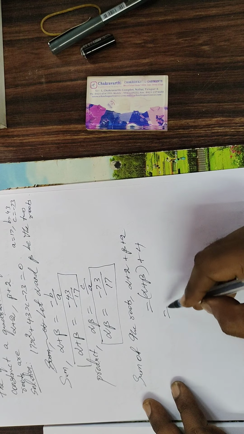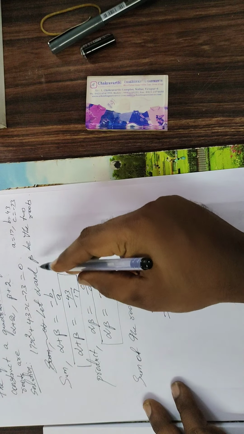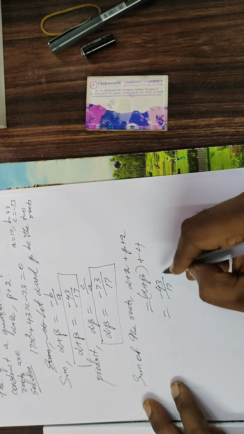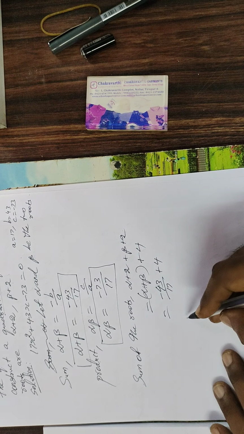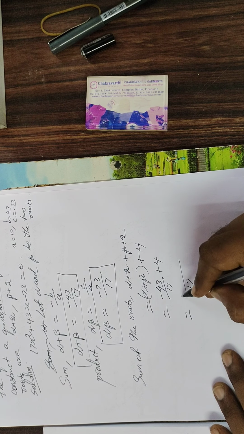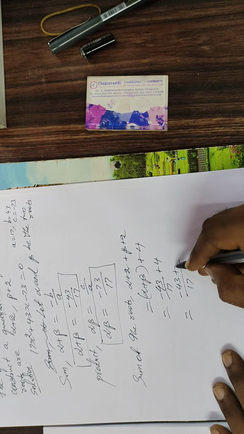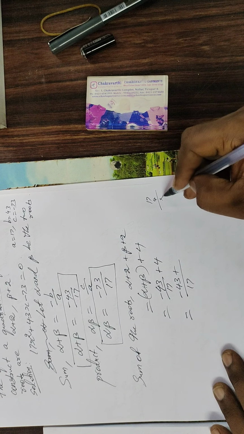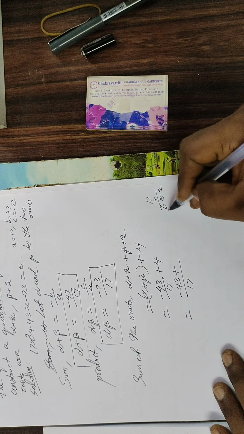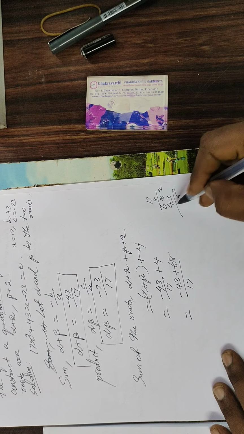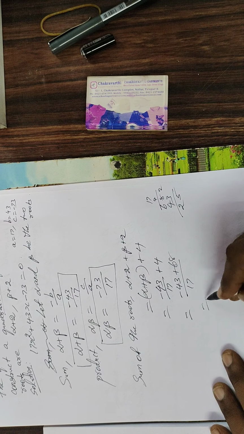Alpha plus beta is already minus 43 by 17, plus 4. Take the LCM, 17. Minus 43 plus 17 into 4, which is 68. 68 minus 43 is 25. That is equal to 25 by 17.